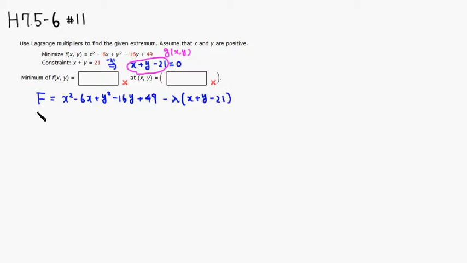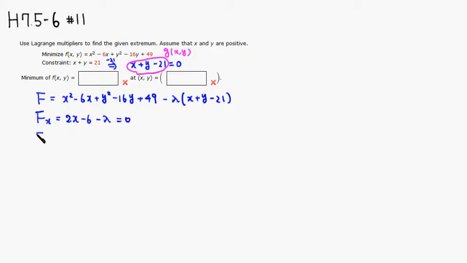Let's take the partial with respect to x. That's going to be 2x minus 6, and the other terms are 0. Minus lambda is a constant, and the partial of this is just 1. So I'm not going to write the times 1. Set that equal to 0.